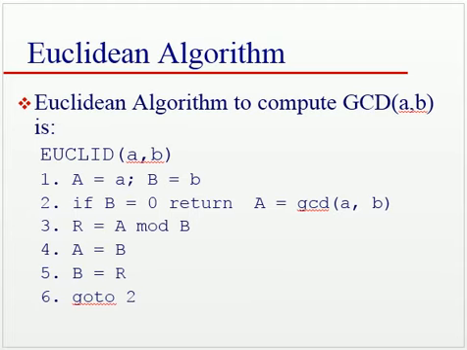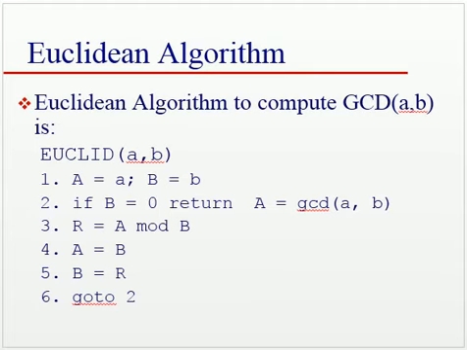If we want to find Euclid(a, b), then the first step is we assign A equal to capital A, and B assigned to capital B. Now if B is equal to 0, then return A as GCD of A, B. Otherwise R is equal to A mod B, then A is equal to B and B is equal to R, then go to the check again.